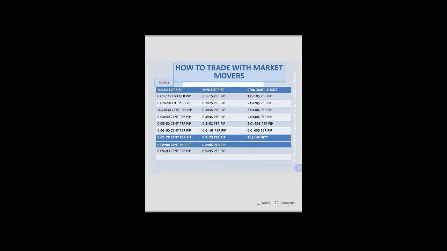Okay, let's say you have $1,000 in your account. You should take a 5% risk. 5% risk of your $1,000 will be equal to $50. This means that you're not permitted to take a trade that will have a risk of more than $50 in a day.